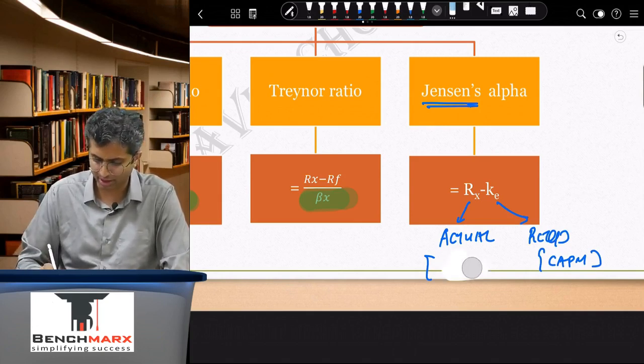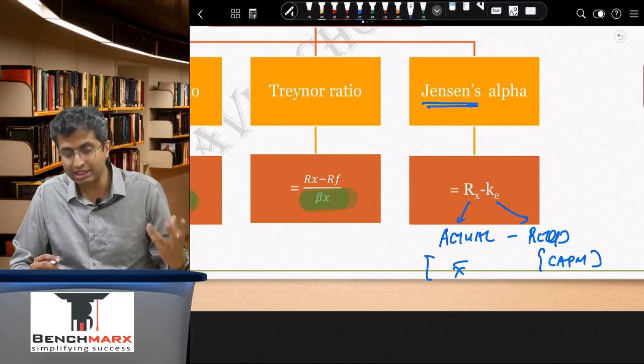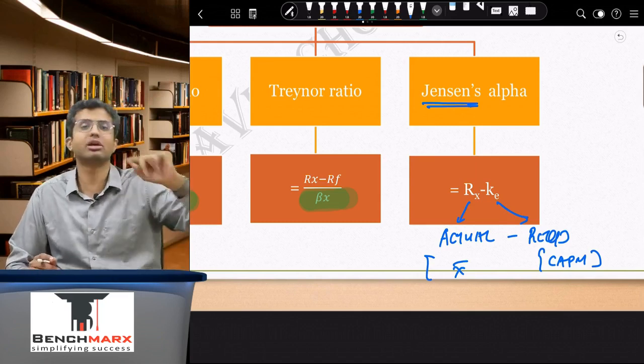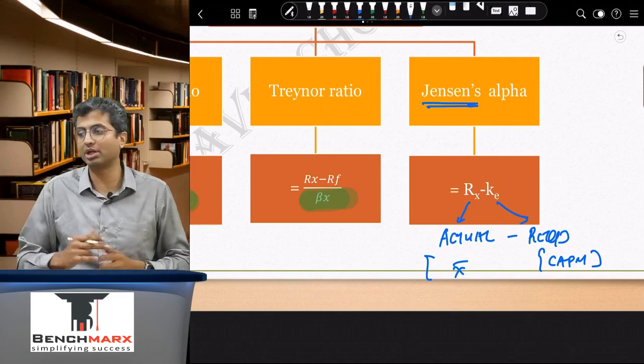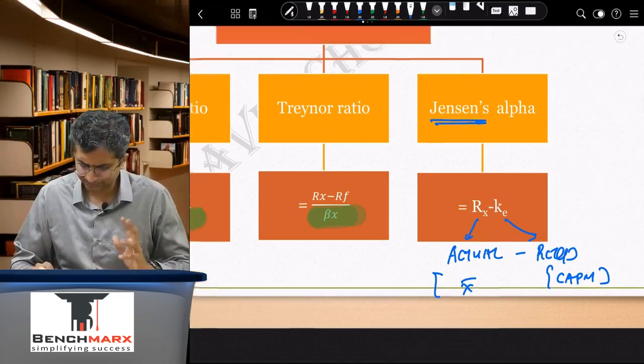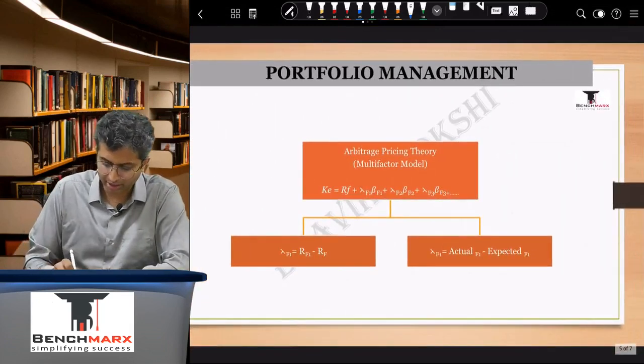So you're comparing the actual return with what is required. The mark of a good fund manager is that the fund manager will earn a higher return than what is required, and that is when he has pinpointed, identified the good securities. So that is performance evaluation measures, all the three, higher the better.